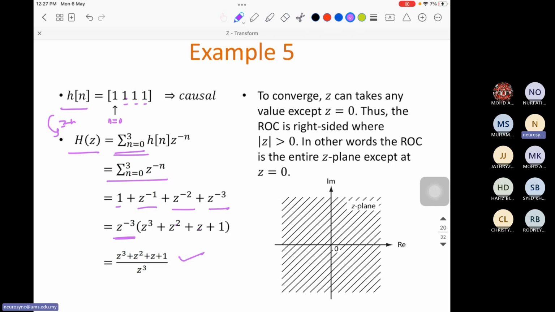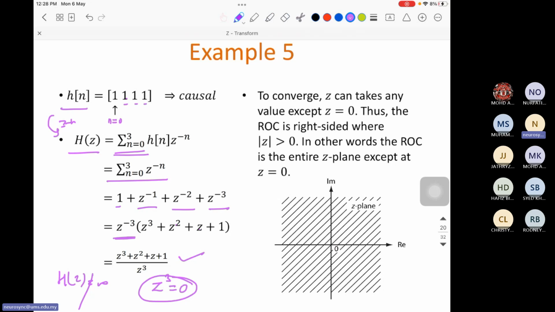Okay. Now how to find the region of convergence for this? To converge, z can take any value except z equal to 0, because in the denominator we have z to the power 3. If z equal to 0, in that case H(z) will be infinity. Correct? So for convergence we don't want this. So the region of convergence is basically the entire z plane except z equal to 0.